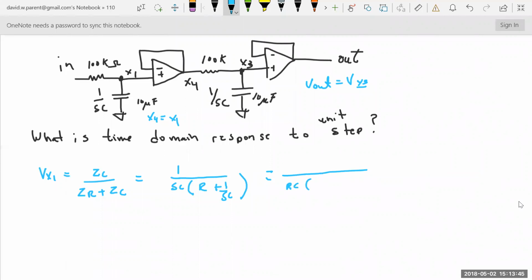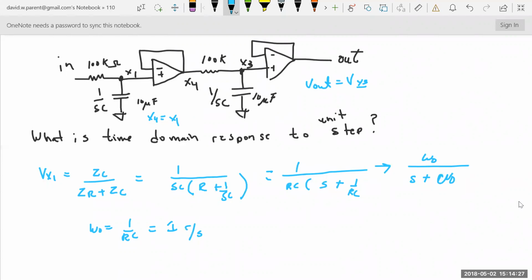Pull out the RC, multiply through the S. All right, 100K times 10U should give me 1. So 1 over 1, or 1, it's the same. So omega naught is just 1 radian per second.